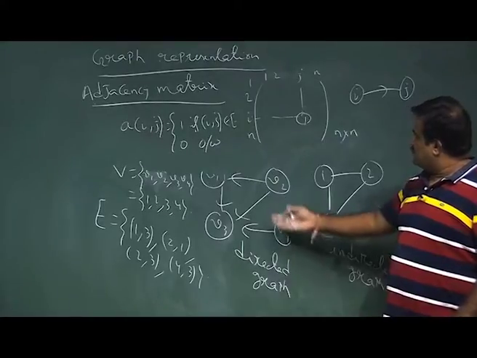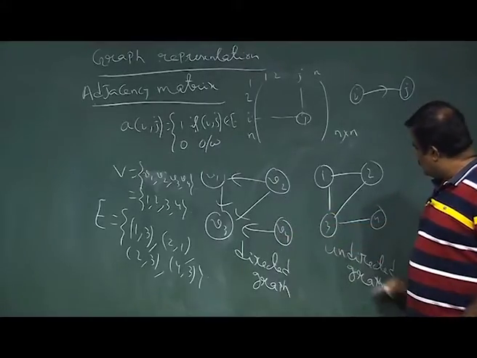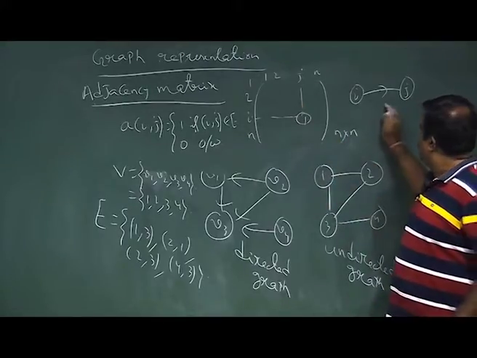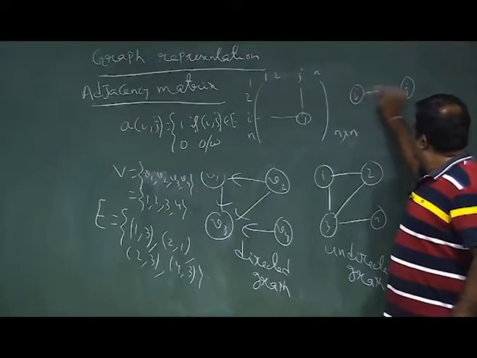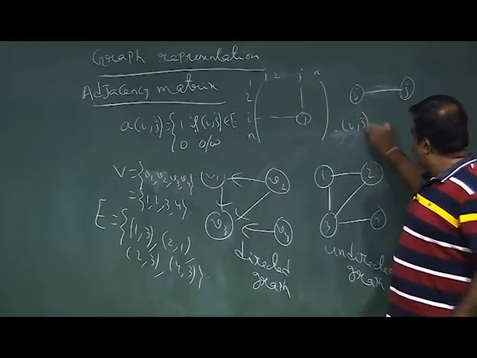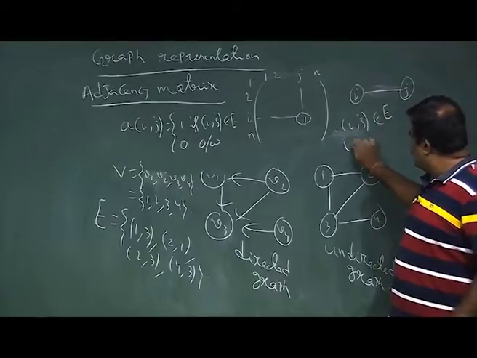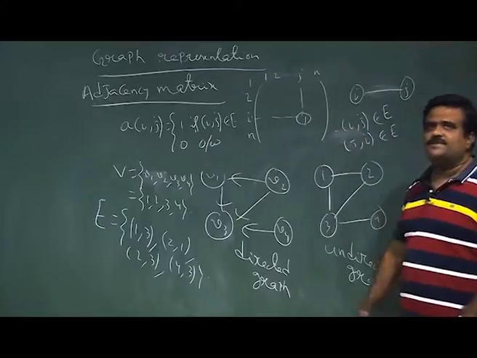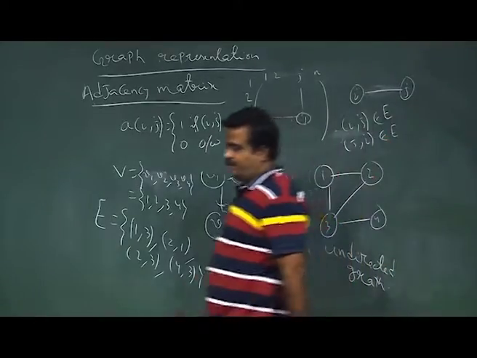If the graph is undirected, then this matrix will be a symmetric matrix, because in an undirected graph there is no direction of the edge. That means ij is an edge and ji is also an edge.